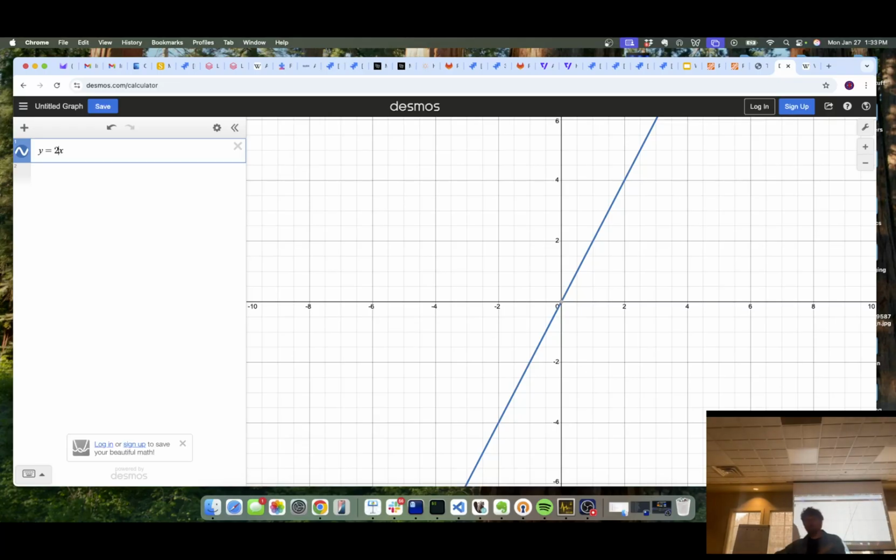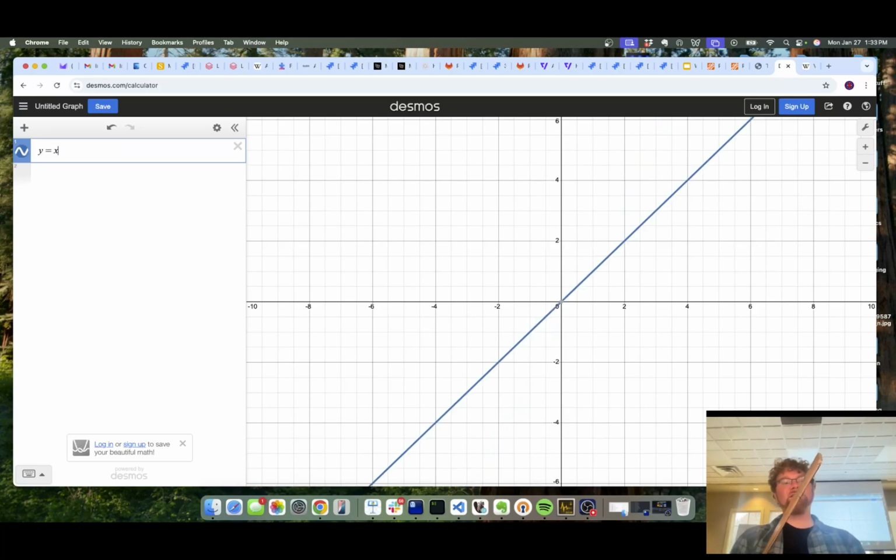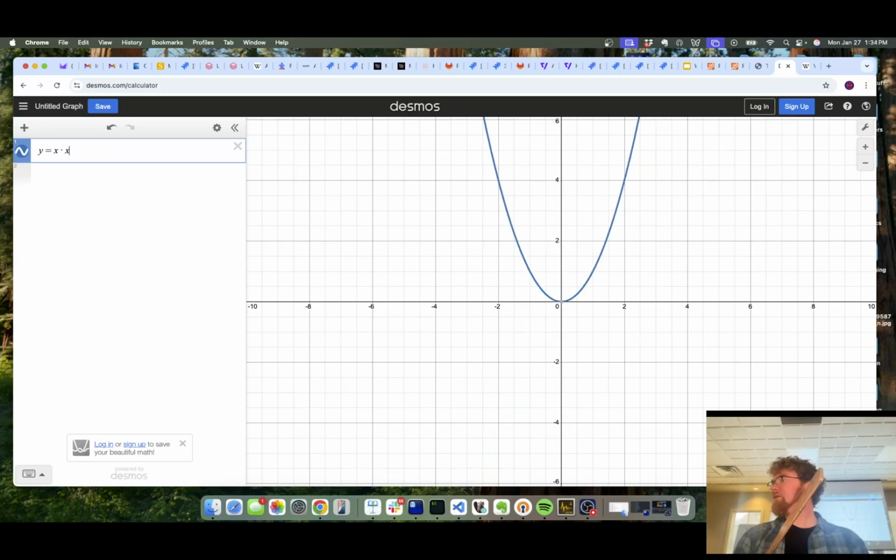You can also have functions that are what's called nonlinear. So x times x, for example, has a more interesting looking graph. This is called a parabola. It's y equals x times x, also called y equals x squared.